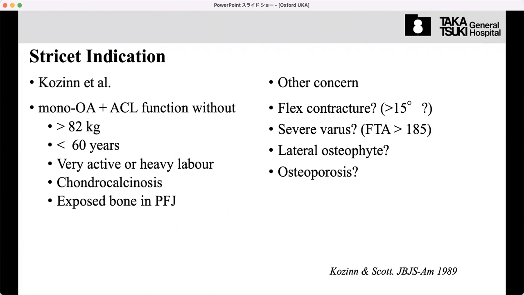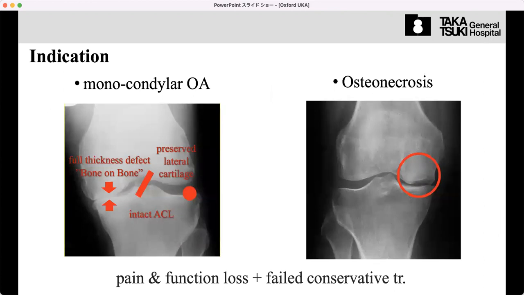After applying this strict indication, the percentage of UKA comes to around several percent, 5 to 10%. But if we consider only the indication of the Oxford, the candidates for UKA are estimated to be around 50%, a wide difference.